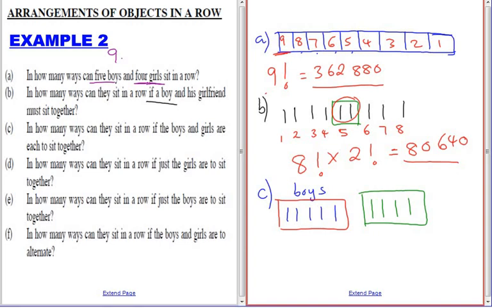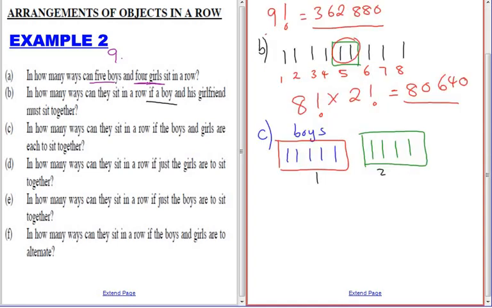So how many objects do we have to arrange in this situation? It does look like everyone is enclosed in a box. So we have 2 objects to arrange. How do we arrange 2 objects? Well, we arrange them by saying 2 factorial ways. But the thing is, in these boxes, we know that there are these 5 boys. And since there are 5 in that entity, we can arrange them in 5 factorial ways.